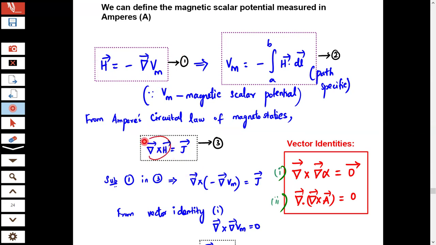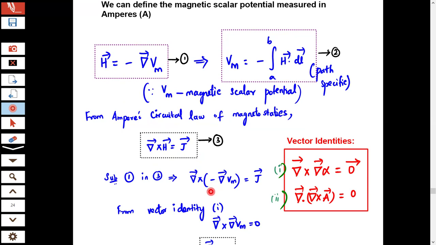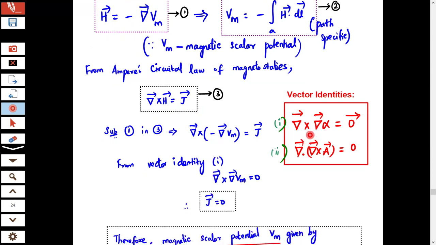So this del cross H will be written as J vector, and this right-hand side can be written as del cross del Vm. Now, when we look at this expression and the vector identity we just discussed, curl of gradient of a scalar is always a zero vector. So this curl of gradient of scalar potential Vm is a zero vector. So this makes our current density become zero.